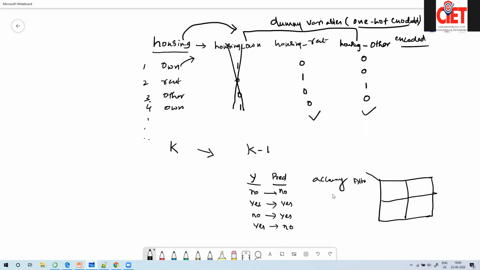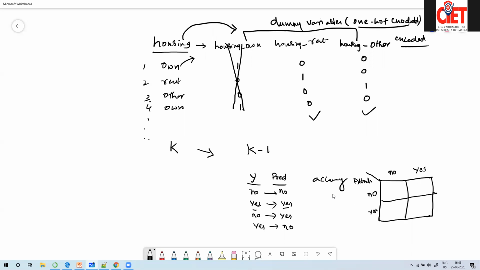Actuals can be no, can be yes. Predictions can be no, predictions can be yes. If prediction is yes, actual is yes, so we count that into this block here. If prediction is no and actual is no, we count that into here.